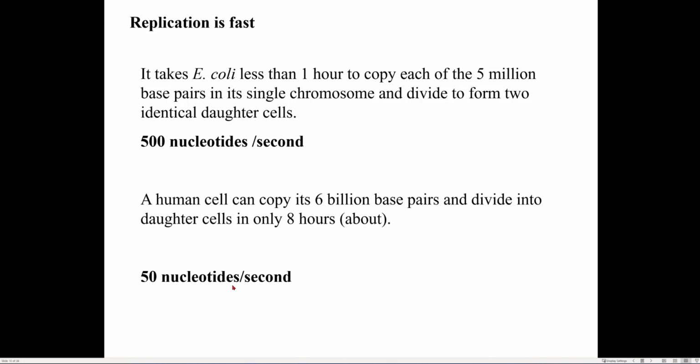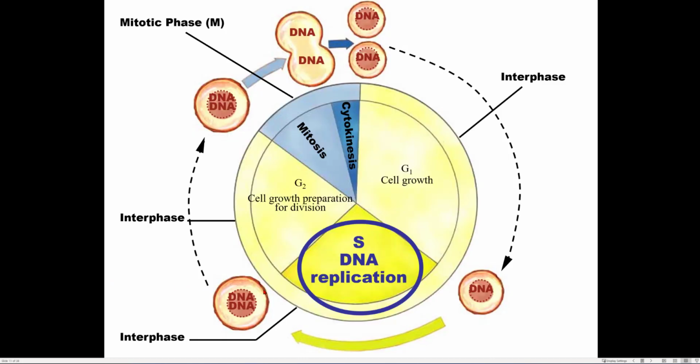So 50 nucleotides per second. Amazing. And again, here's the cell cycle. I'm just pointing out one thing that I said earlier: this process of DNA replication happens right here in the S phase. So in the S phase, that's where DNA replication occurs.